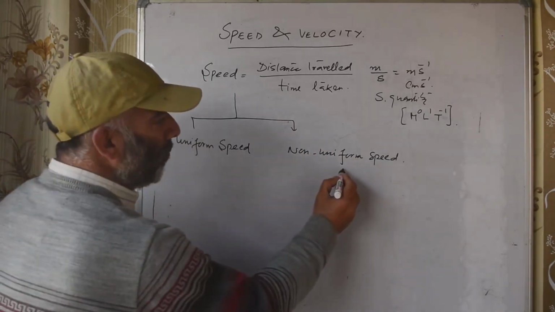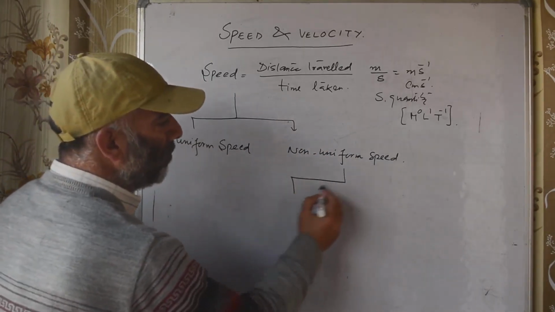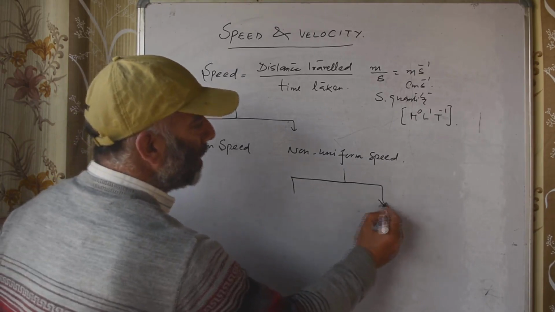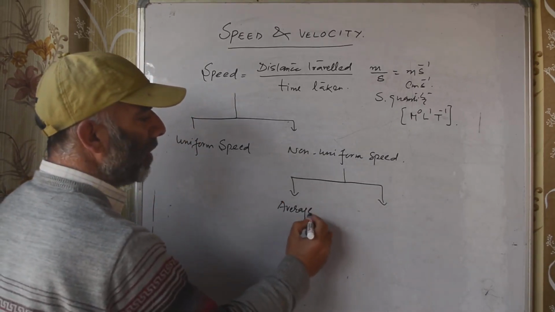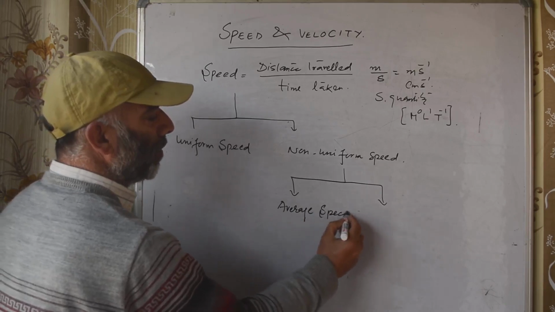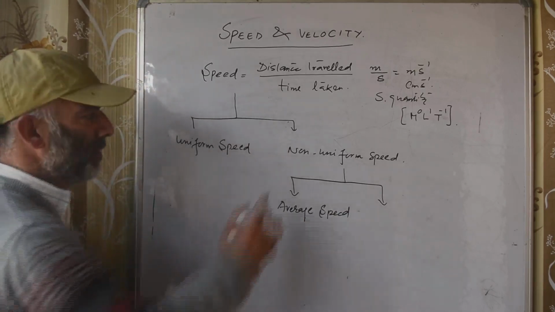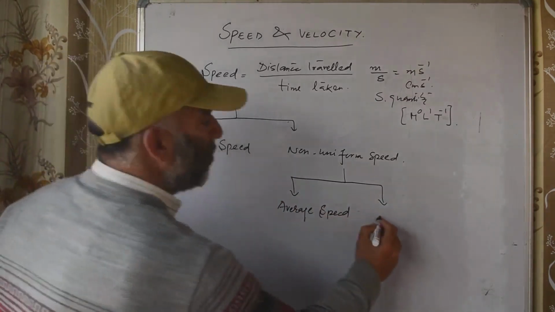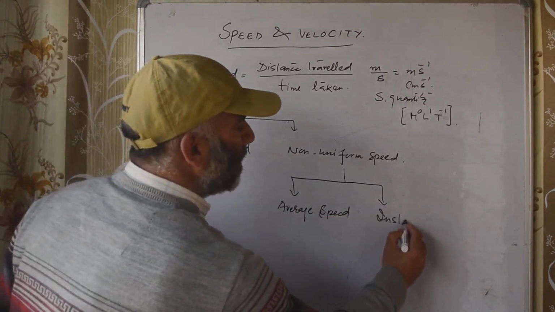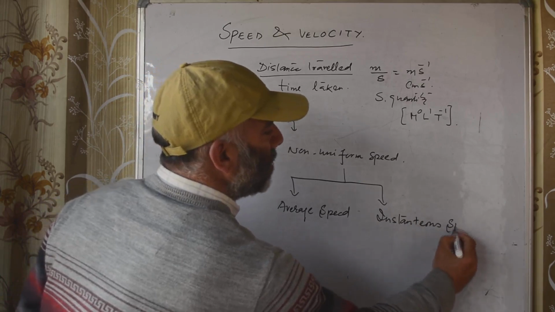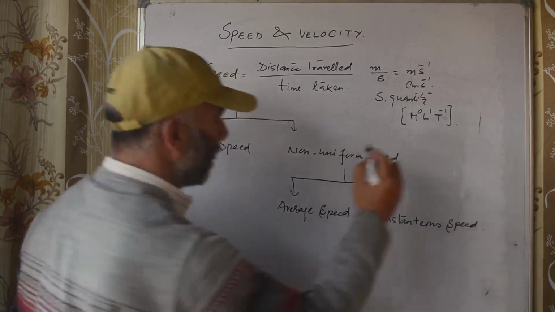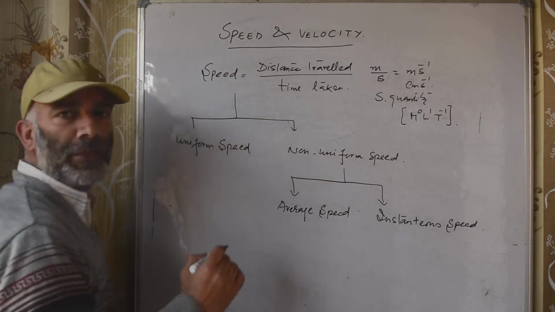In non-uniform speed, my students, what do we calculate? We calculate average speed, or we calculate instantaneous speed. What is average speed?